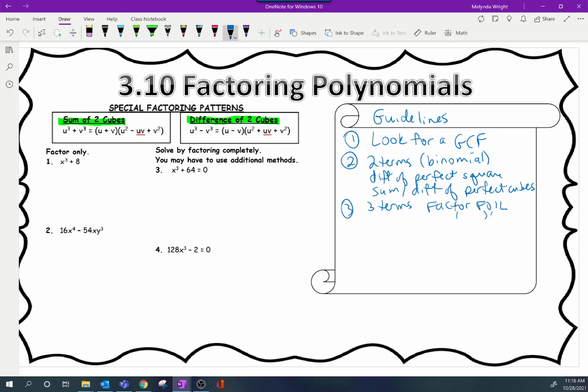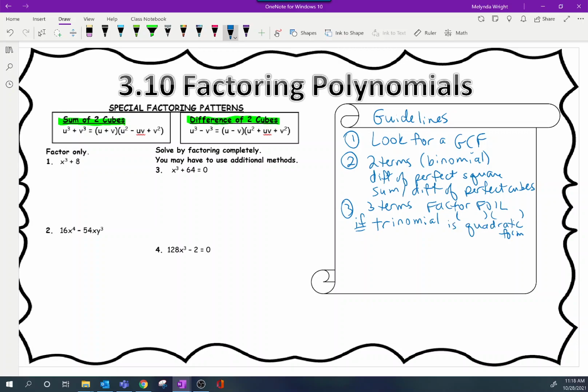We would factor like FOIL if the trinomial, so three terms is a trinomial, is in quadratic form. What? It could be in quadratic form? Yes, let me show you what that is.